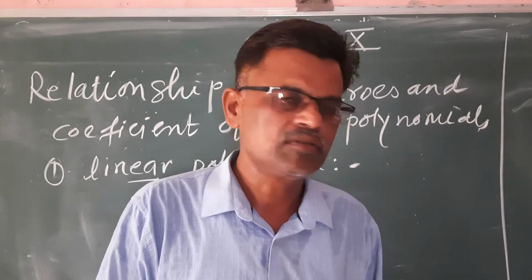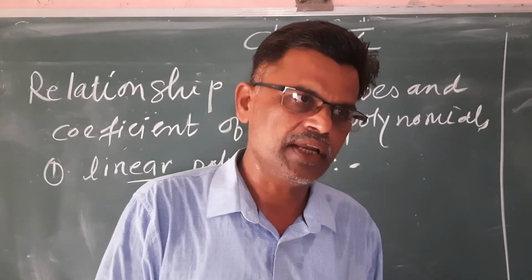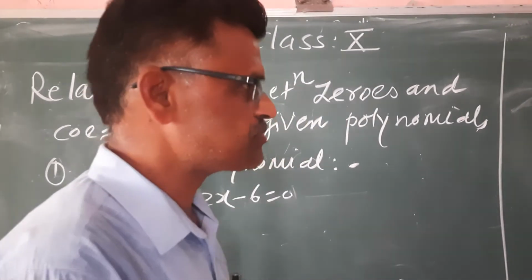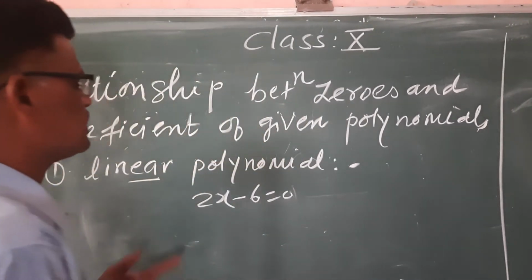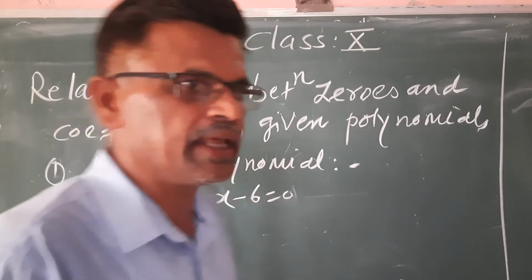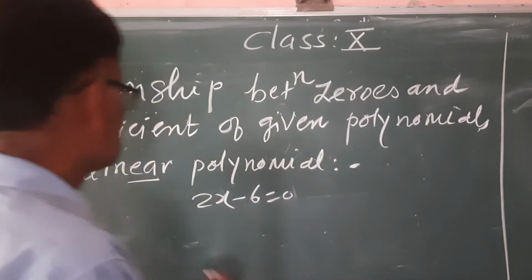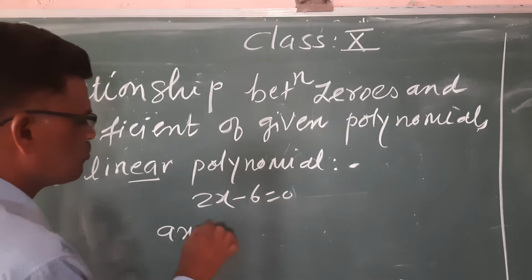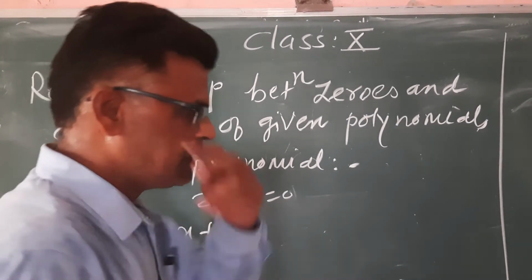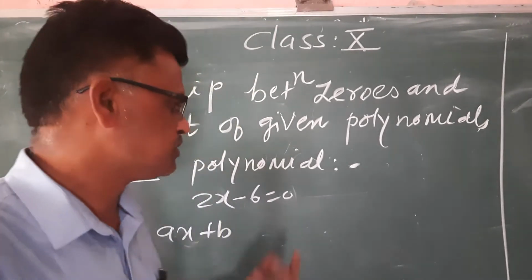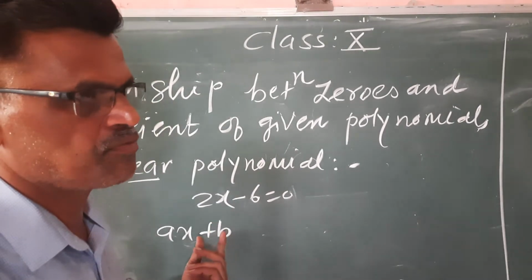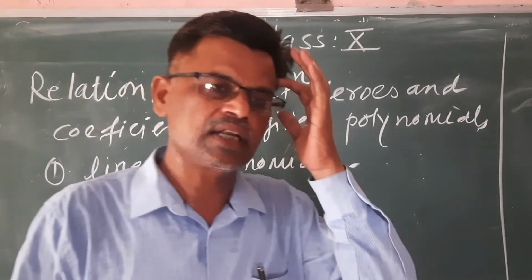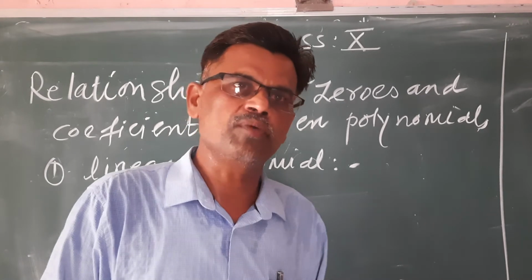In quadratic polynomials there are 2 zeros. First of all, we will consider this one. We know that ax plus b is equal to 0 is known as the general form of linear polynomials.